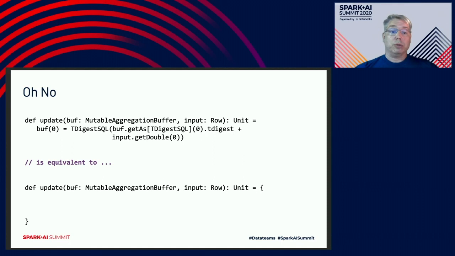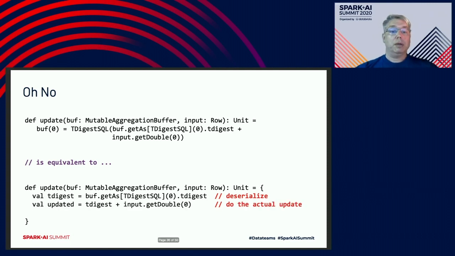To explain what's going on, let's take this definition at the top and rewrite it to unpack what's going on. The first thing that has to happen is it has to deserialize my object from the aggregation buffer. And then it does the actual data update, which is the only part of this operation that we really care about and is generally quite fast.